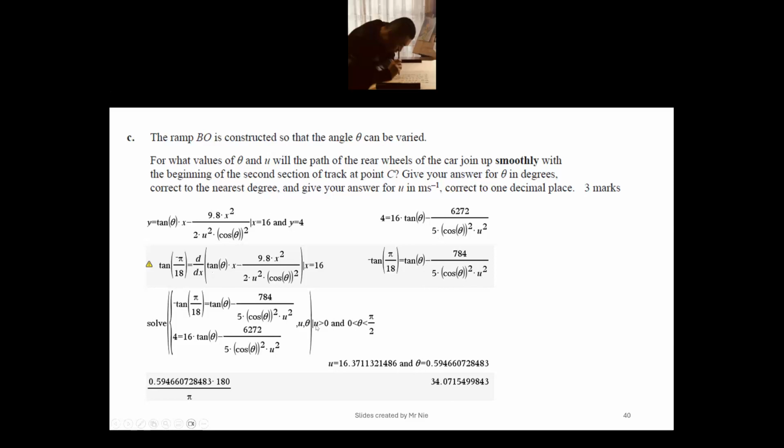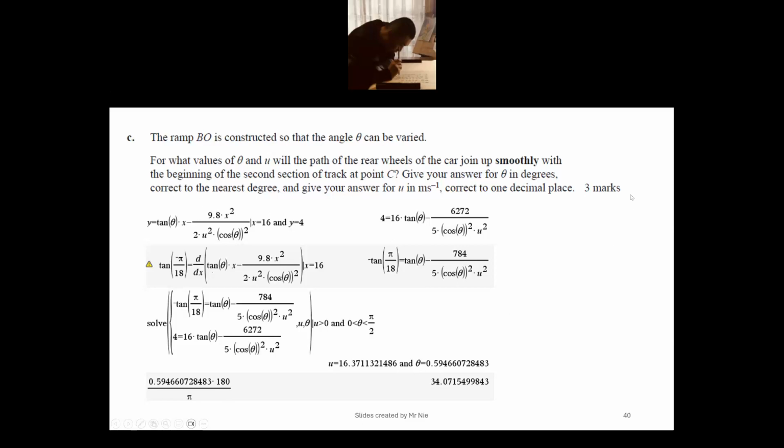And by convention, u is a speed greater than 0, and the angle of projection when the car left the point O should be an acute angle. That's why you need the two constraints to solve for the u value and the theta. And eventually, once you get the u and the theta, you need to convert the theta value to degrees. That's why at the end I multiply by 180 divided by pi, which gives 34.1 degrees.